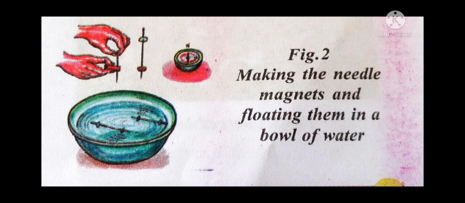With the help of a magnetic compass, you can identify the north and south poles of the needle. Pin a red colored foam ball to the south pole and a white ball to the north pole of the needle. Then drop it in a bowl of water.